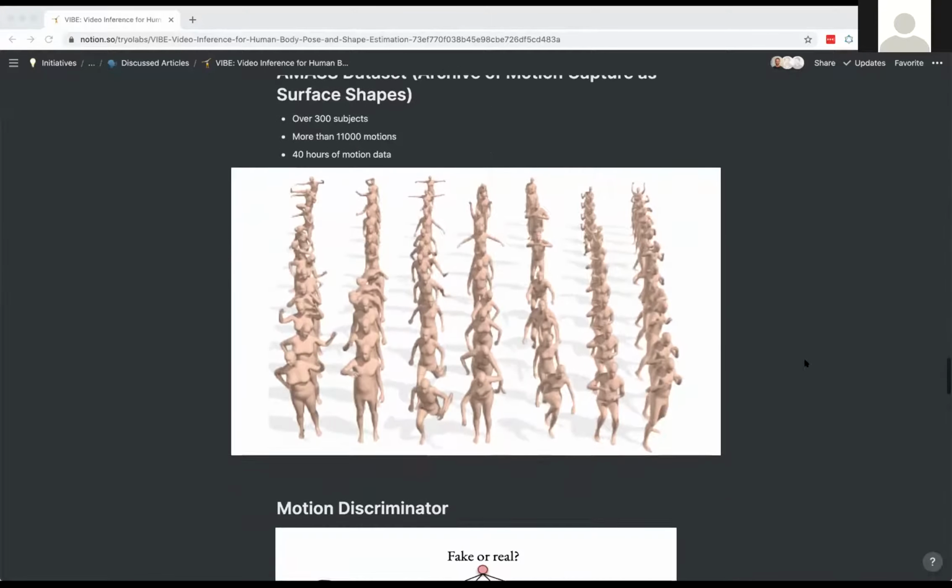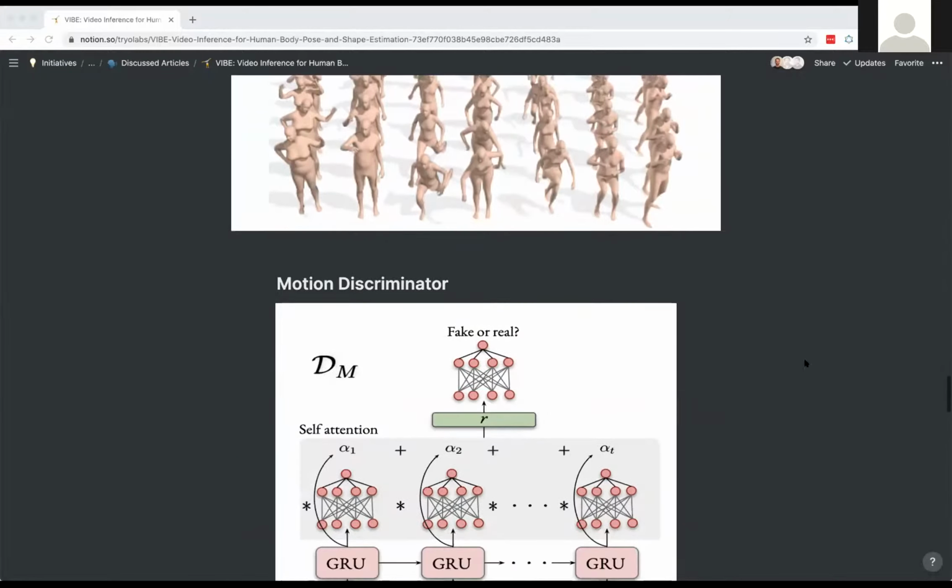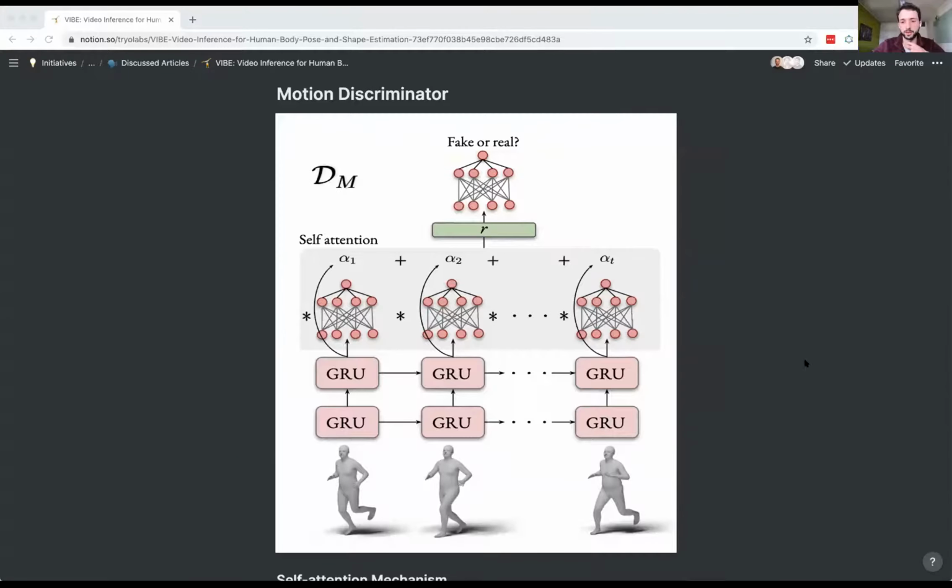Okay, so we had the temporal encoder, and here comes the motion discriminator. So the architecture is very similar. In the middle, as with the temporal encoder, we have two stacked GRUs.